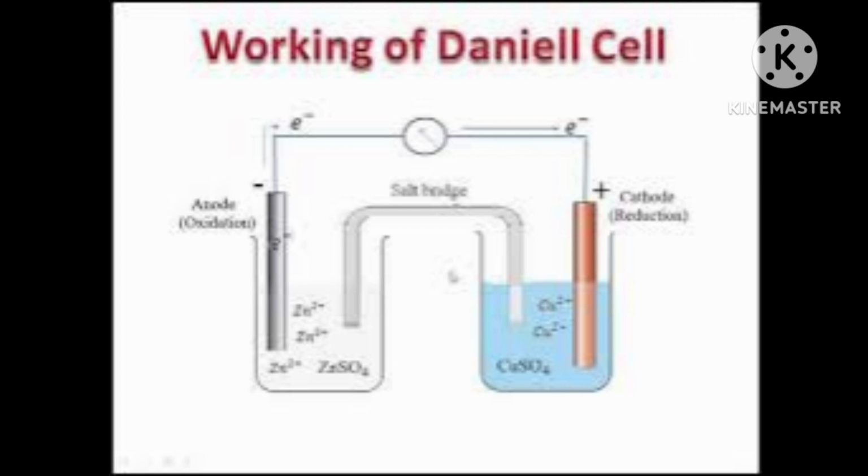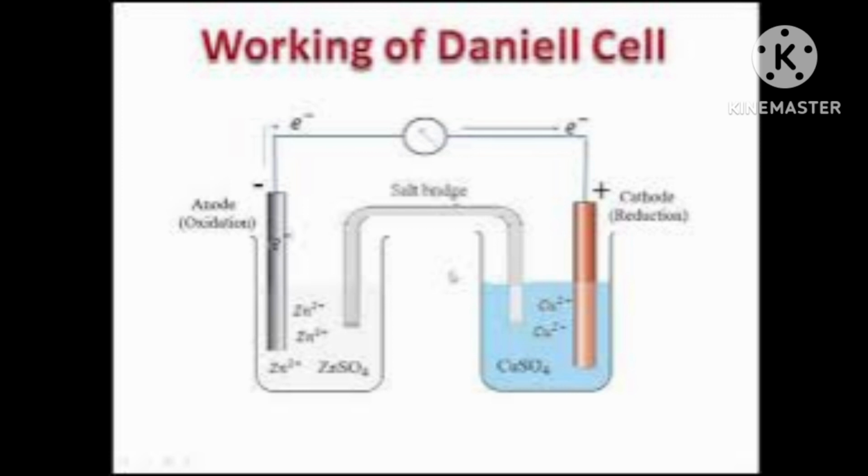These are important things. Metals have two types of tendency. One type of tendency is that it will lose electrons.